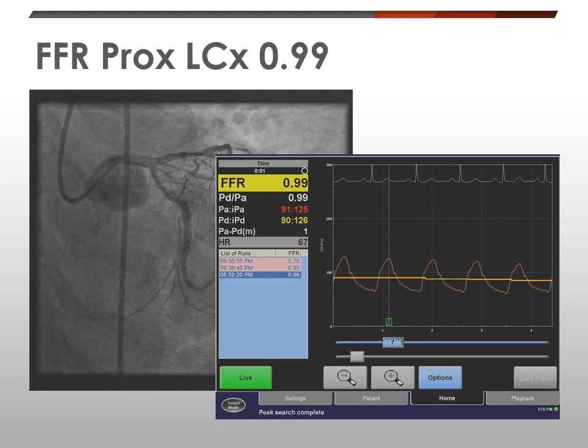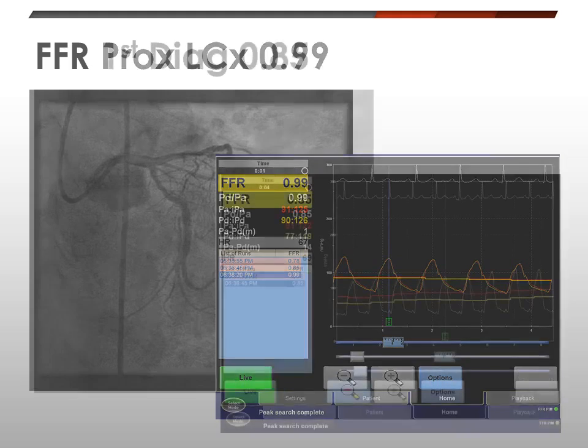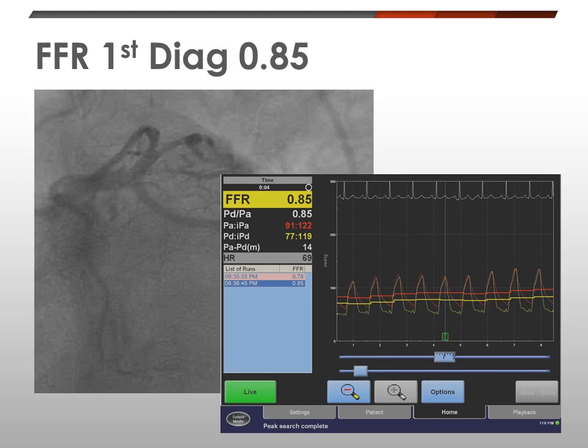I began with placing the wire past my stent in the mid-left circumflex and showed no hemodynamic significance of the proximal circumflex narrowing, with an FFR of 0.99. Next, I redirected the wire into the first diagonal, and as you can see here, the maximum FFR was 0.85 at peak hyperemia, again showing no significant hemodynamic stenosis.